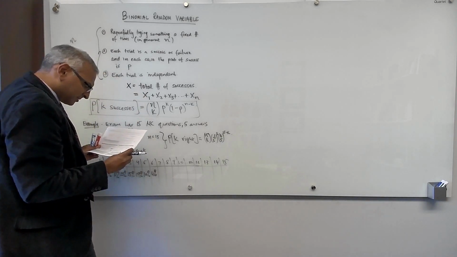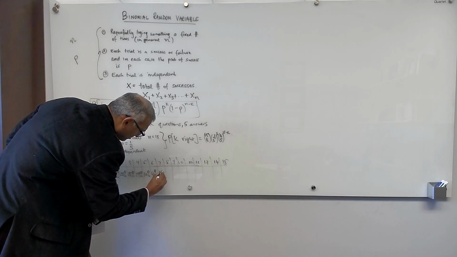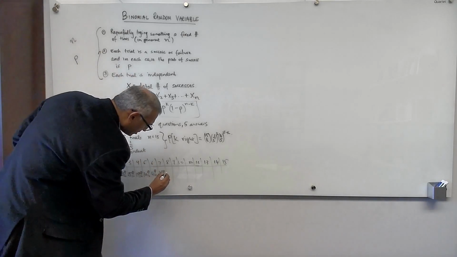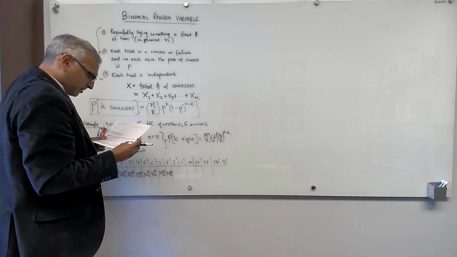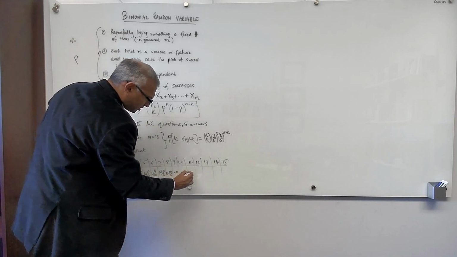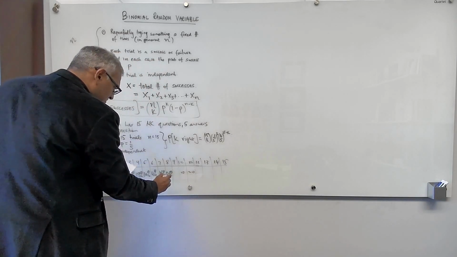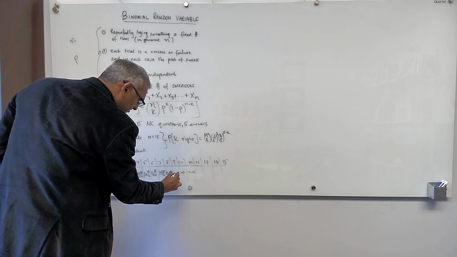7 correct, 1.5%. 8 correct, 0.3%. And then basically approximately zero. This is about 10 to the minus 4, so about 0.07%.